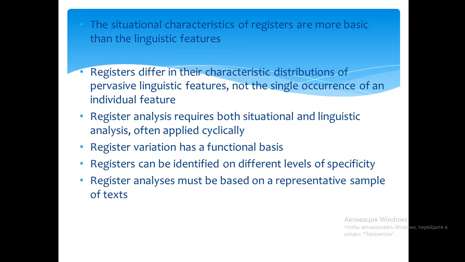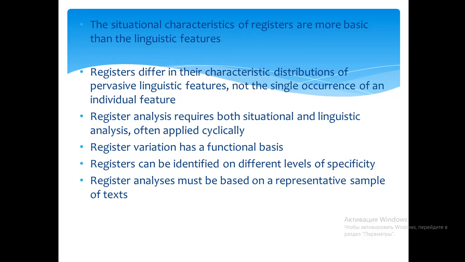Fourth, register variation has a functional basis. The linguistic differences among registers are not arbitrary. For example, it is not sufficient to merely note that the language of conversation has many second-person pronouns and questions because it is an accepted convention to use these features in conversation.